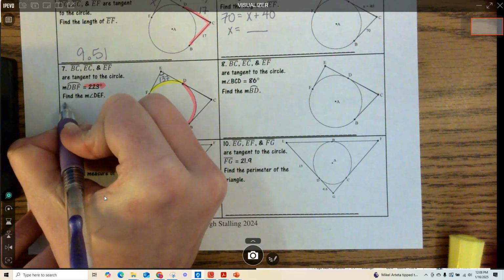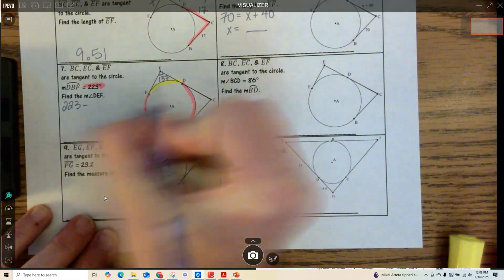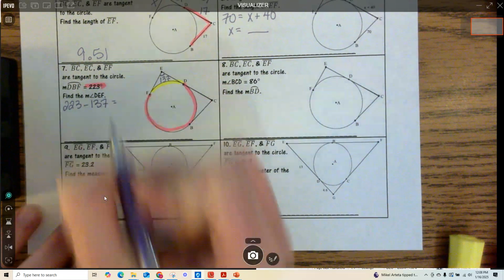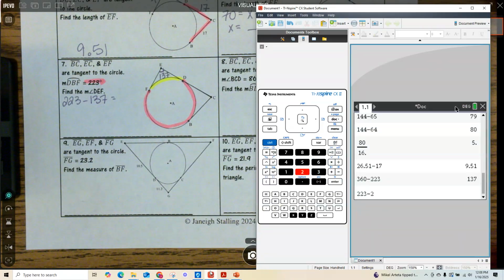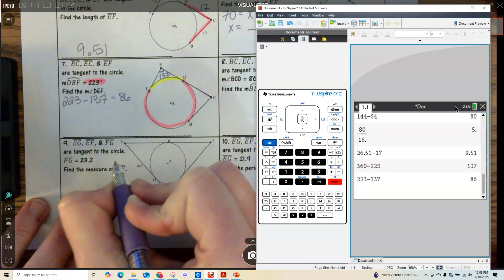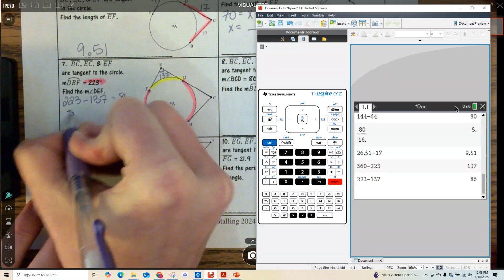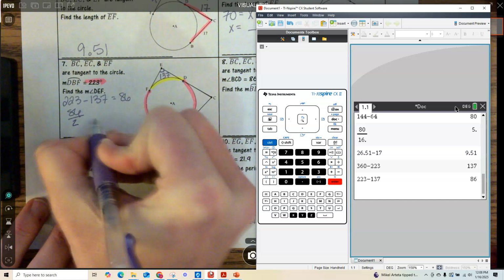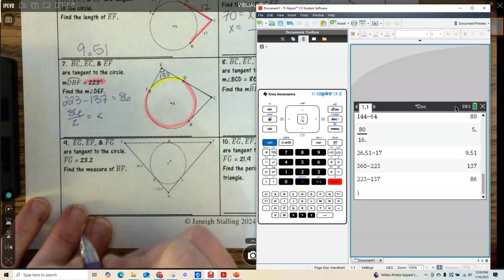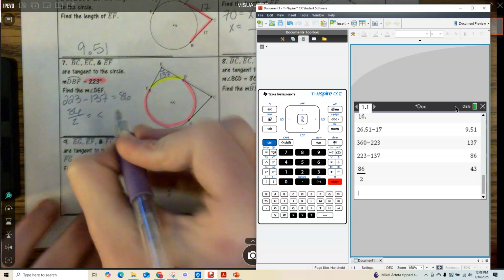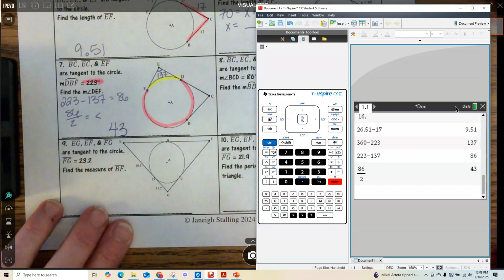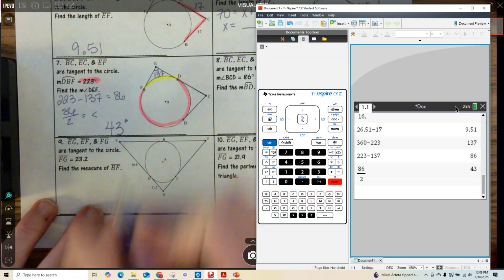So I'm going to take 223 and subtract 137. That gives me 86. Then I divide it by 2 to get the angle measure. And that gives me 43 degrees.